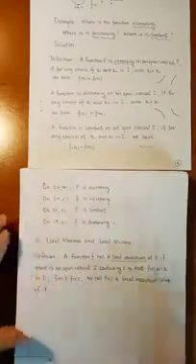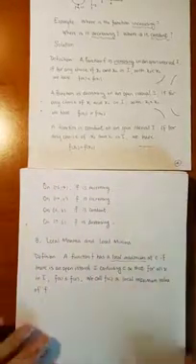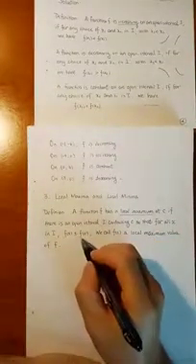Okay, local maximum is a property. Local maximum value is a number, and this is the largest value.